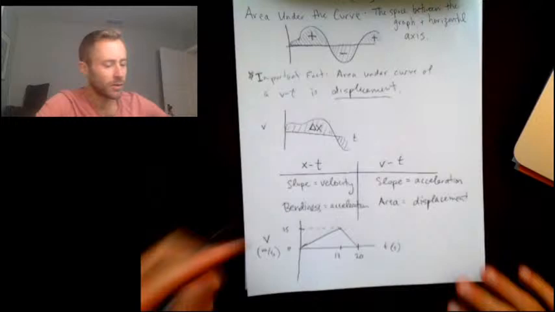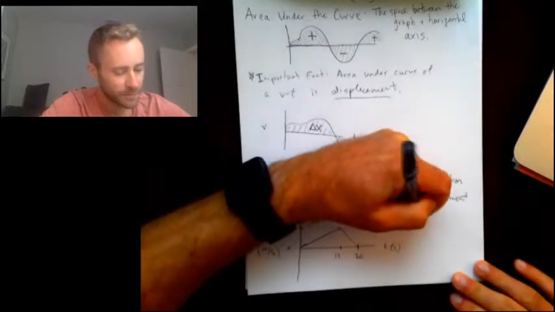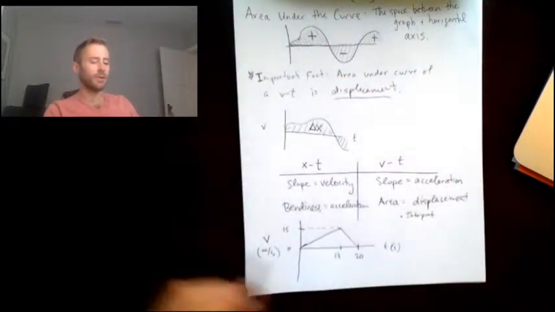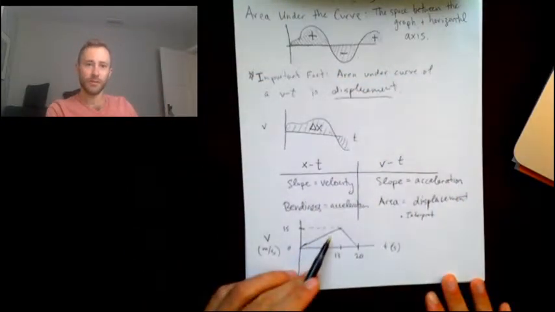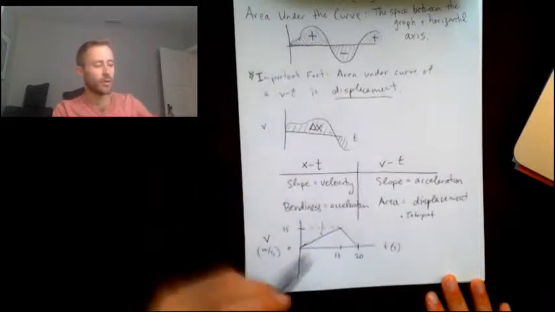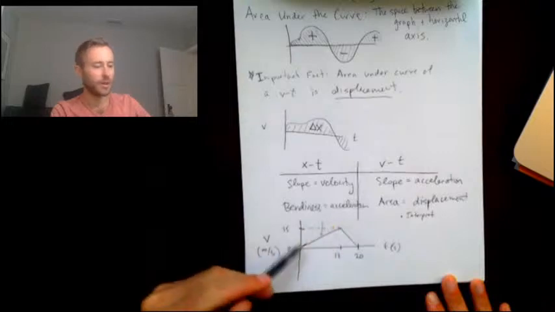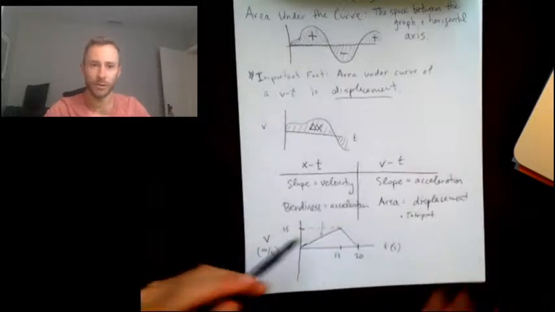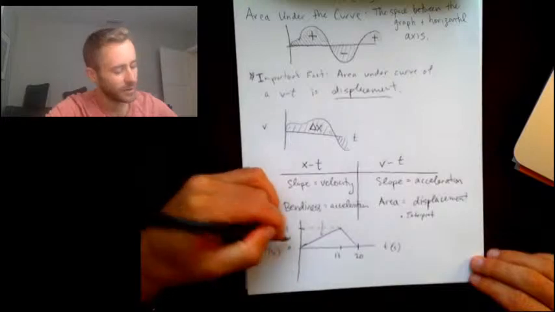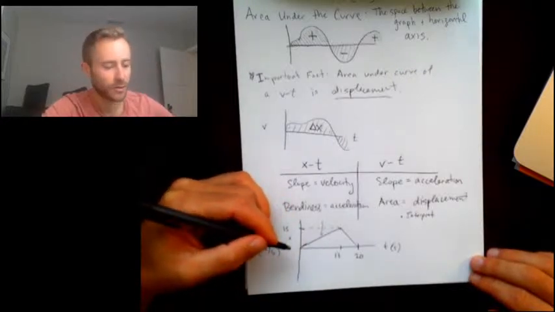So first of all, let's go ahead and interpret this graph. So what is happening in the first part of this graph? Well, in the first part, we can see that the velocity is increasing. It's moving further away from zero. So that means speeding up. And it's above the time axis, so that's a positive velocity.